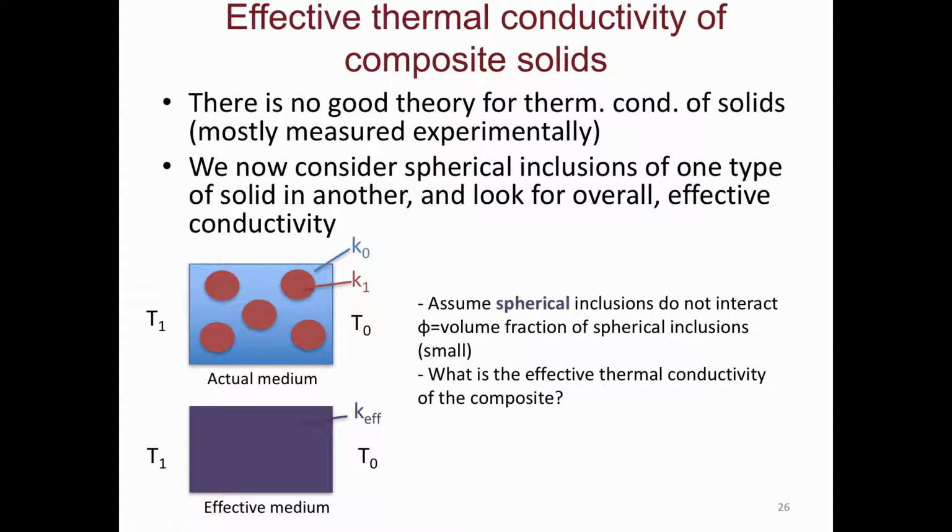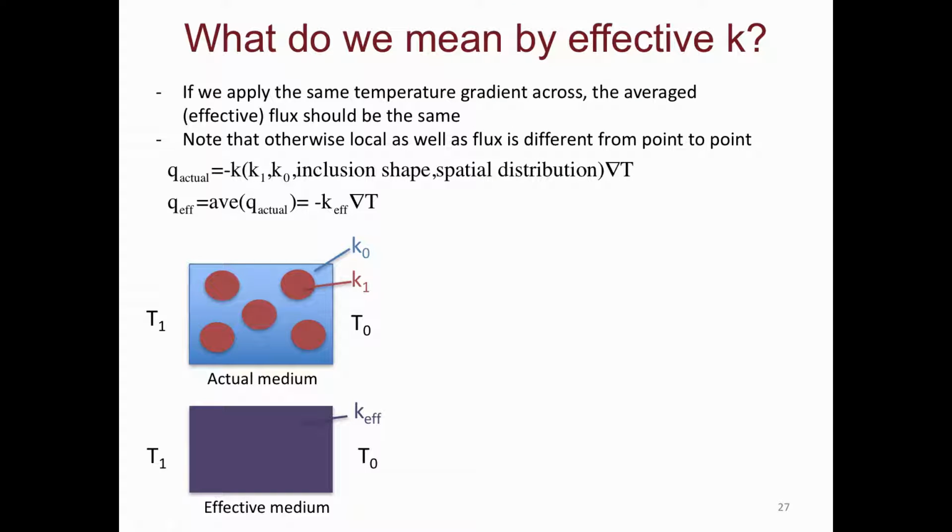So I simply go by volume fraction of these spherical inclusions, which if it's small, then they're separated. They're not necessarily clumping together. And then I get an effective thermal conductivity of the composite. And what I always mean by an effective property is that I do a simple transport across this medium and compare it to Fourier's law.